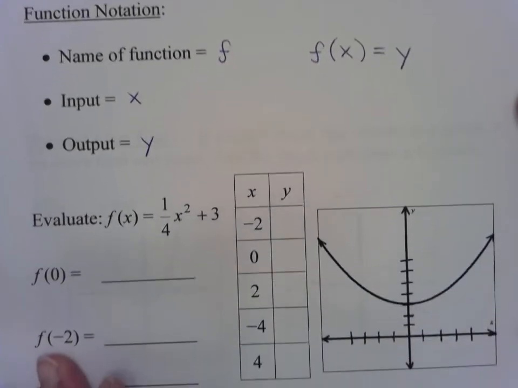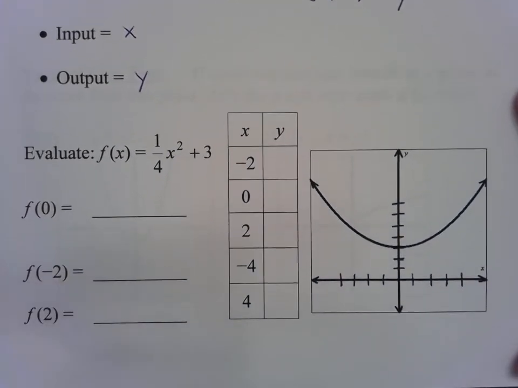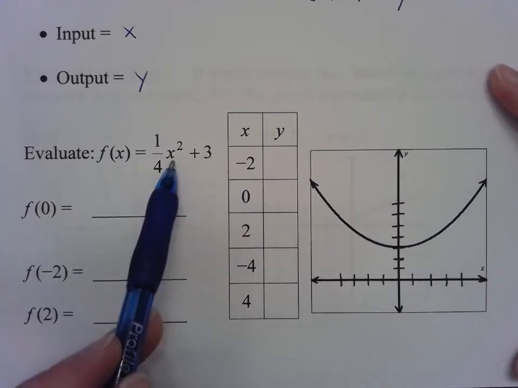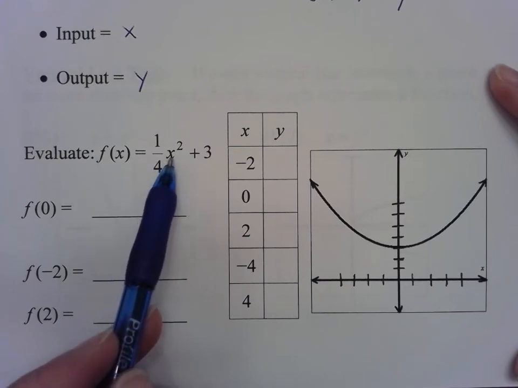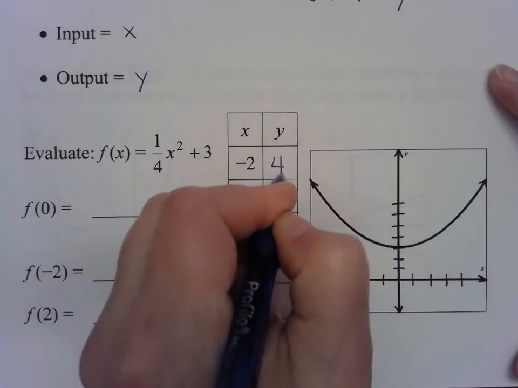So I just have a graph here just to give you an idea about all the connections you could make with that, right? We just graphed in the last video, so you can always go back and look at that. If I were to plug these numbers in, right? If I plugged in -2, squared would be 4. 1/4 times 4 would be 1, plus 3 would be 4.